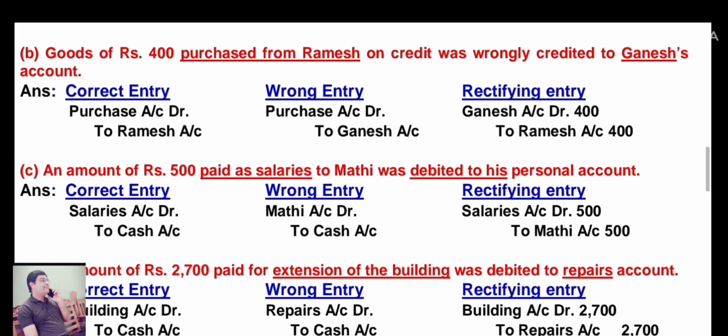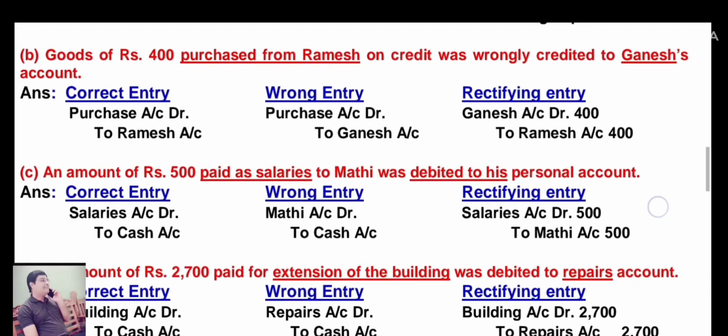What is the correct entry? Purchase account debit to Ramesh account. But wrongly what did we do? We credited Ganesh. Instead of Ramesh, we credited Ganesh. See the wrong entry: purchase account debit to Ganesh account.